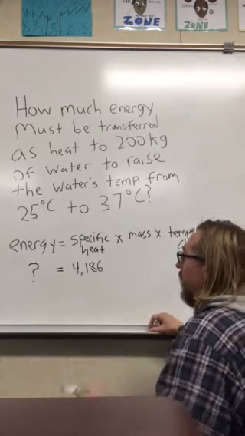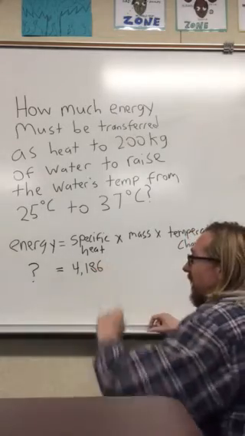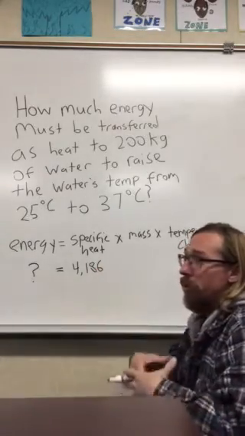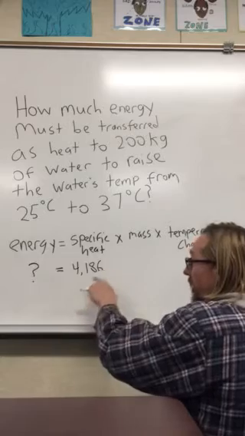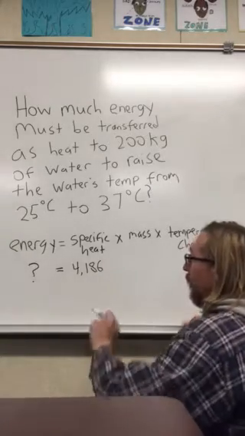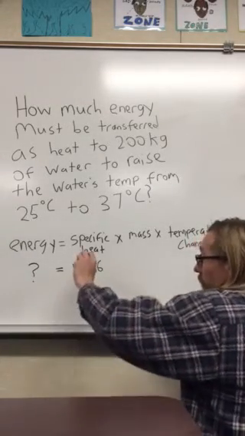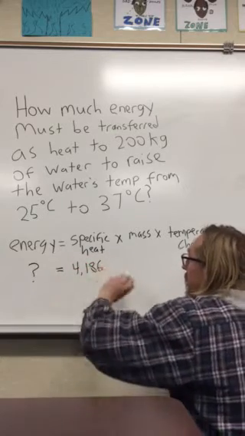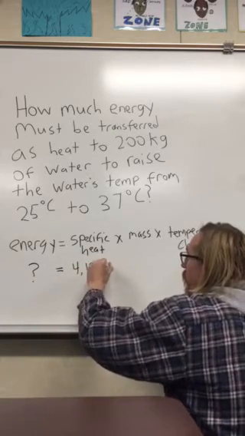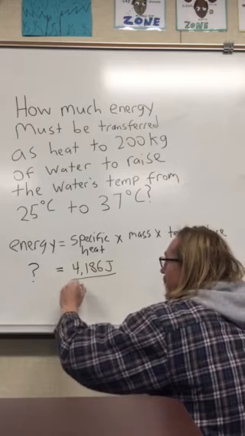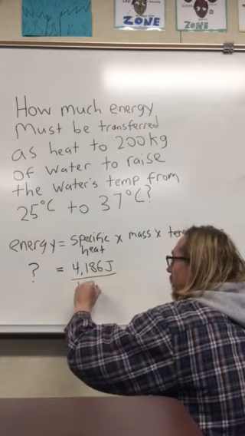Now, another thing that I want to mention, and this wasn't mentioned in the slideshow, is that specific heat has a certain unit that you have to use after you write the number for the value. The unit for specific heat is joules divided by kilograms times Kelvin.